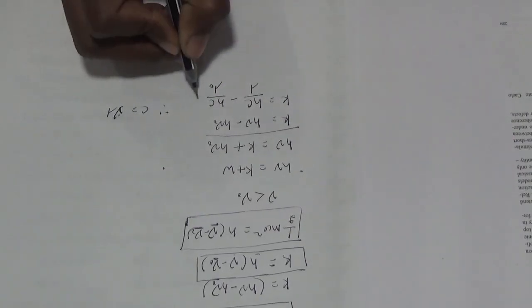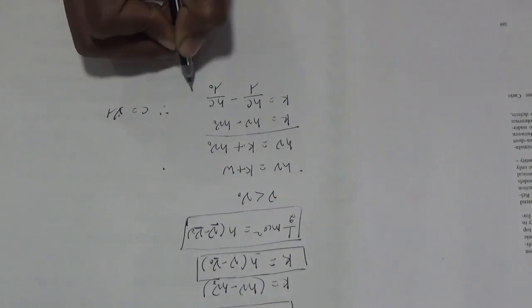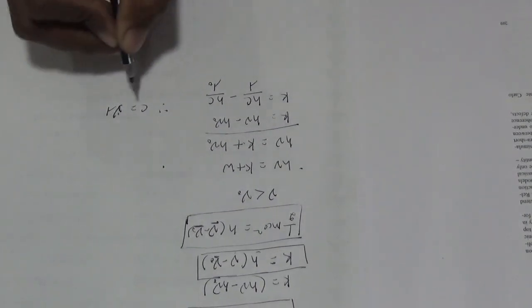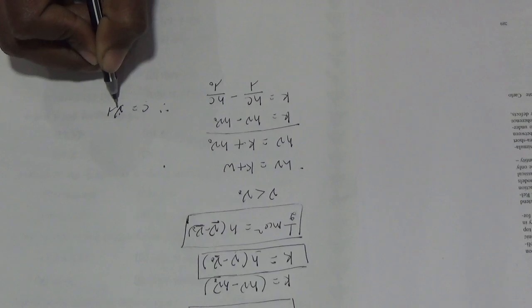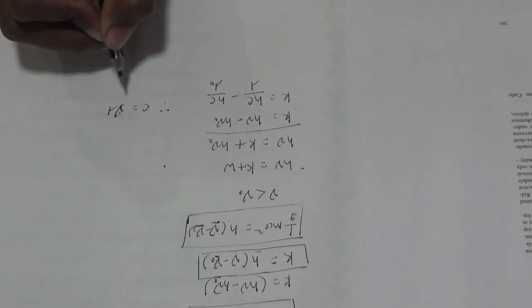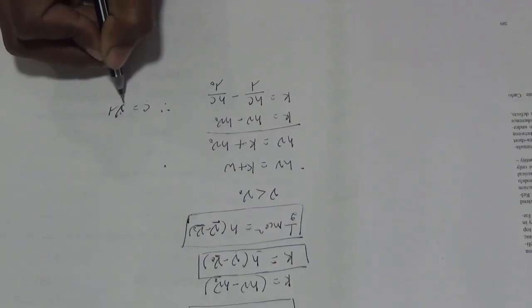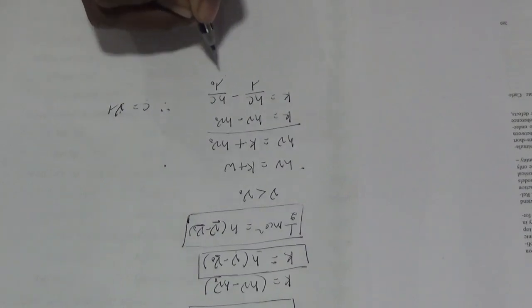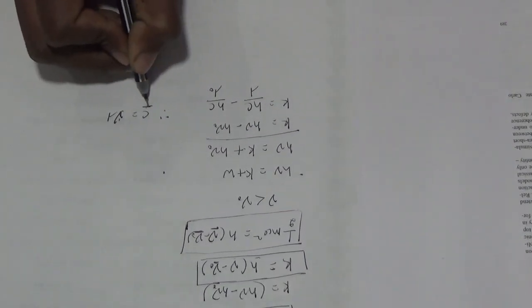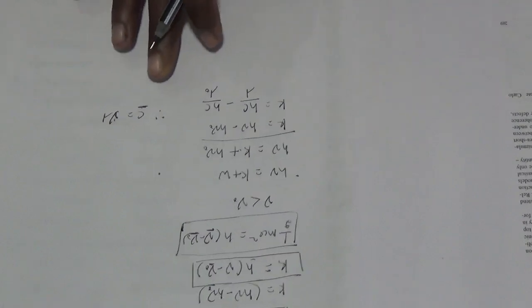Here nu naught is equal to c upon lambda naught, since c is equal to nu naught lambda naught. Here c is the speed of light, which is constant.